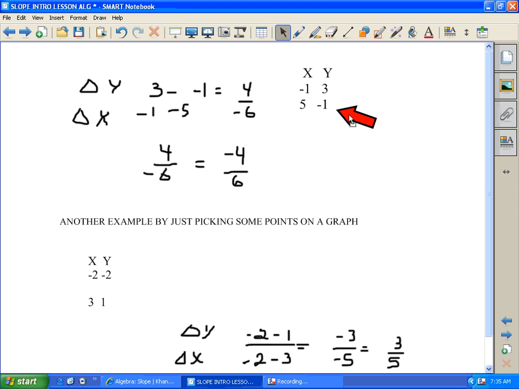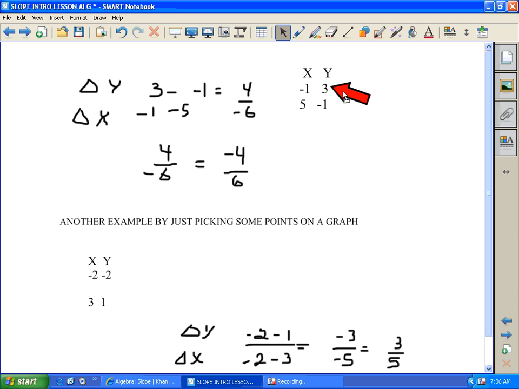Our second coordinate was 5, negative 1. So change in y. The y is on the top. We have to pick either these two as the first numbers for the x and the y, or these two. It wouldn't matter. We would get the same results. But we're going to use this because it's the first one on top.